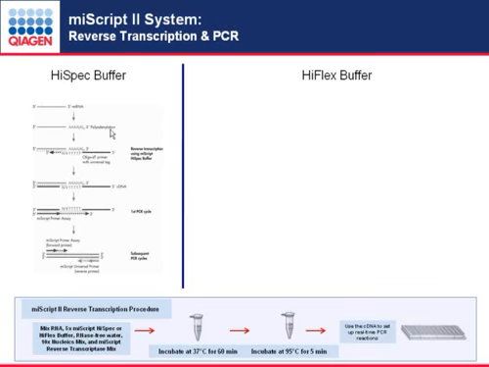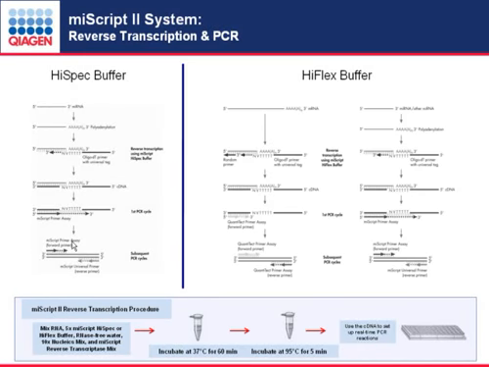And microRNAs are first polyadenylated because microRNAs naturally do not contain a poly-A stretch in nature. Once the cDNA is prepared, you then use a miScript forward primer assay that is specific for your mature microRNA of interest in conjunction with your miScript universal reverse primer to amplify your mature microRNA of interest.